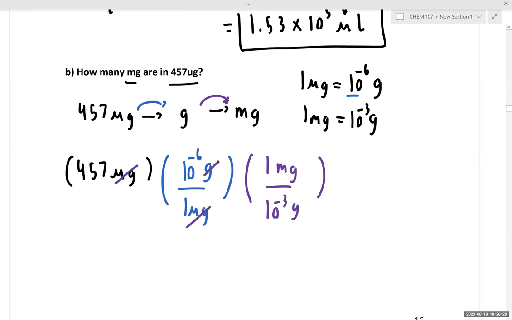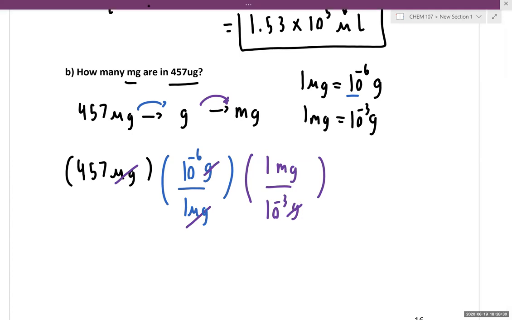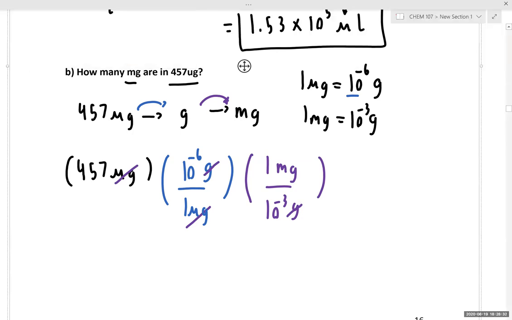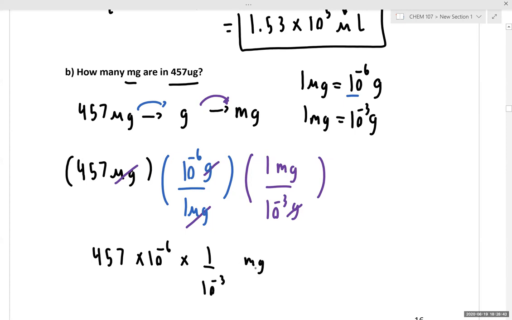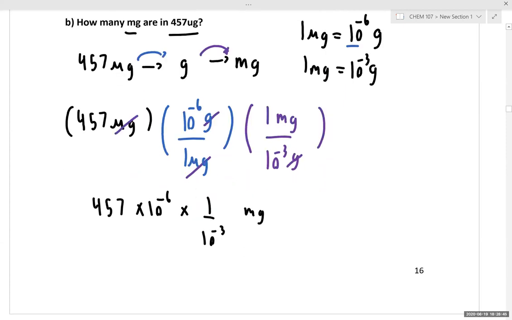Micrograms cancel, grams cancel, and that in turn gives us 457 times 10 to the negative 6th times 1 over 10 to the negative 3rd milligrams. Processing this further, that gives us 4.57 times 10 to the 2nd times 10 to the negative 6th times 10 to the 3rd.